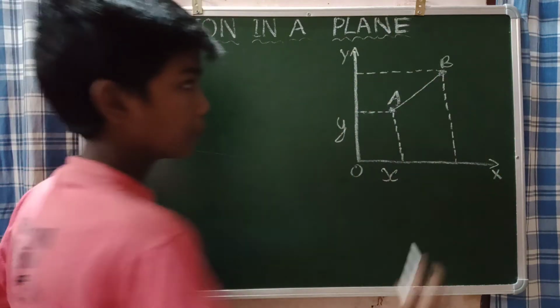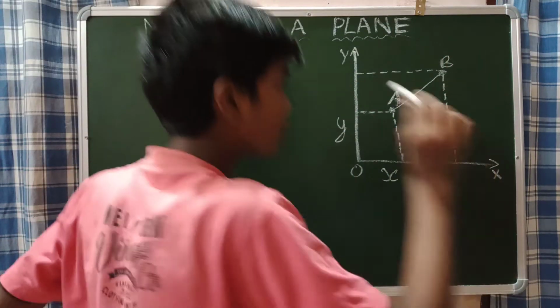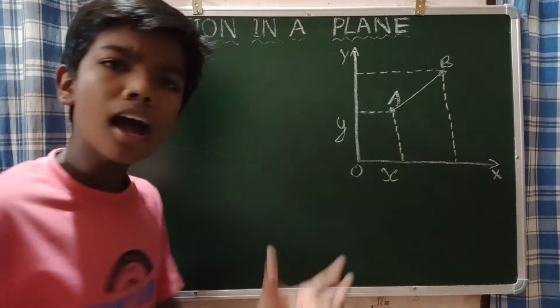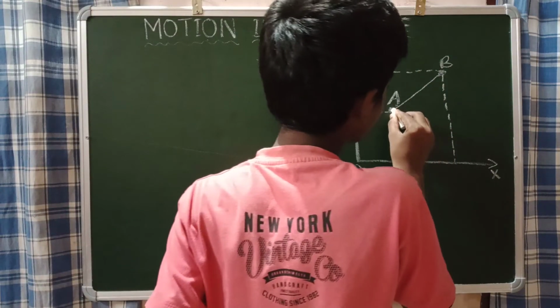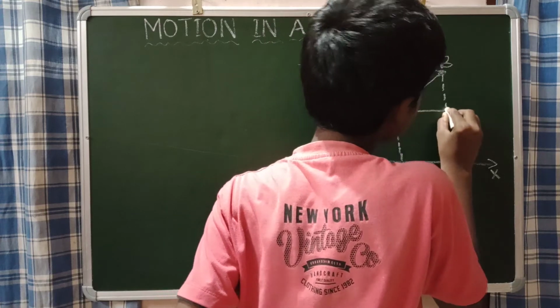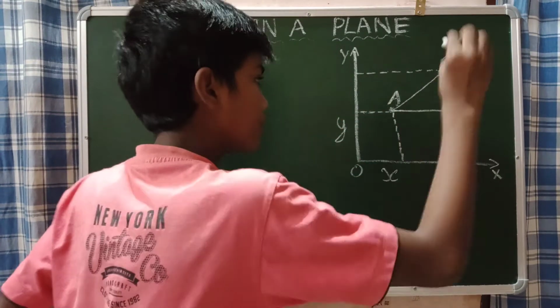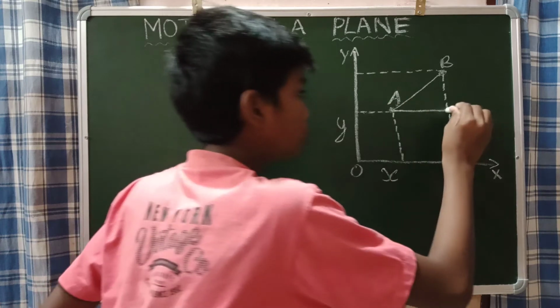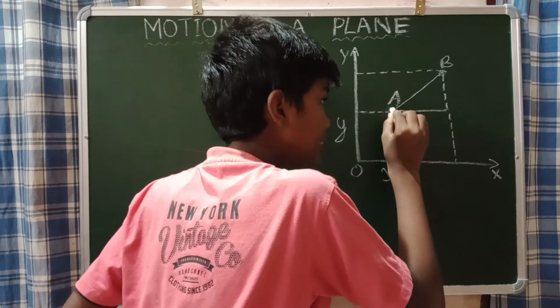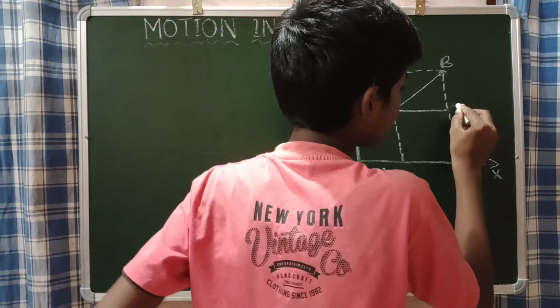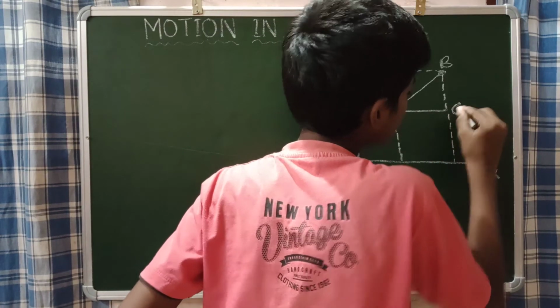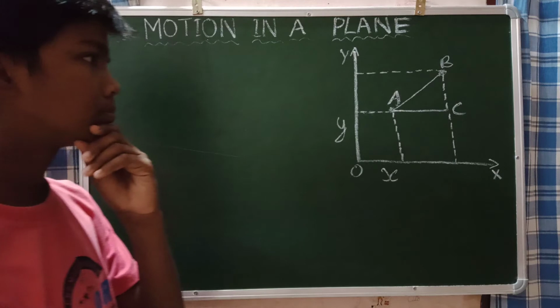That means this line will represent the x coordinate and this line represents the y coordinate. Now I am going to draw a line from position A to this point. I am going to say this point as C.